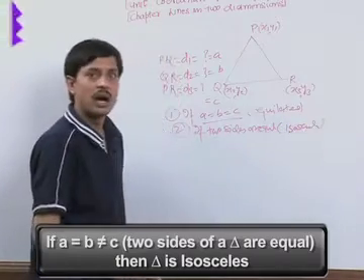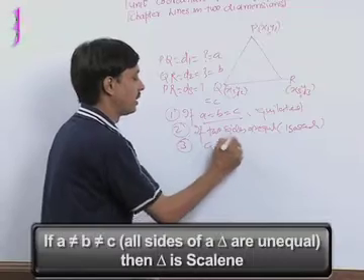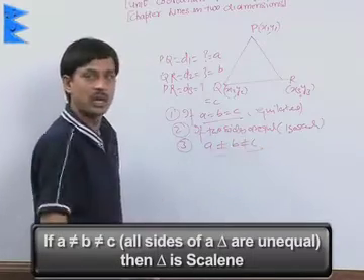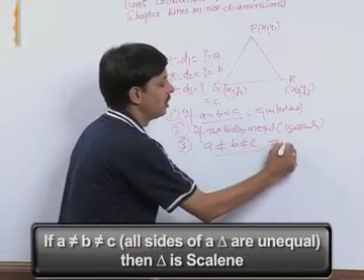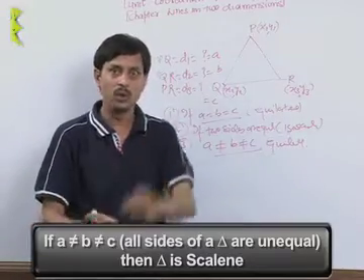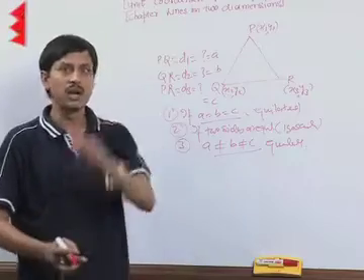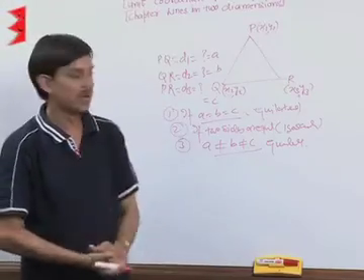In the third situation, if none of the lengths is equal to another, we will say the triangle is scalene. So it is very useful to decide the nature of a triangle, whether it is equilateral, isosceles or scalene.